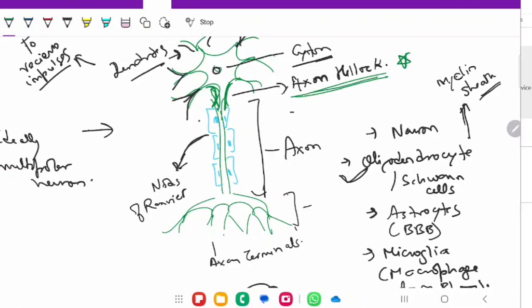Why the axon hillock is important, we will study in the physiology of the neuron. But just understand, this axon hillock is the site of generation of the impulse.